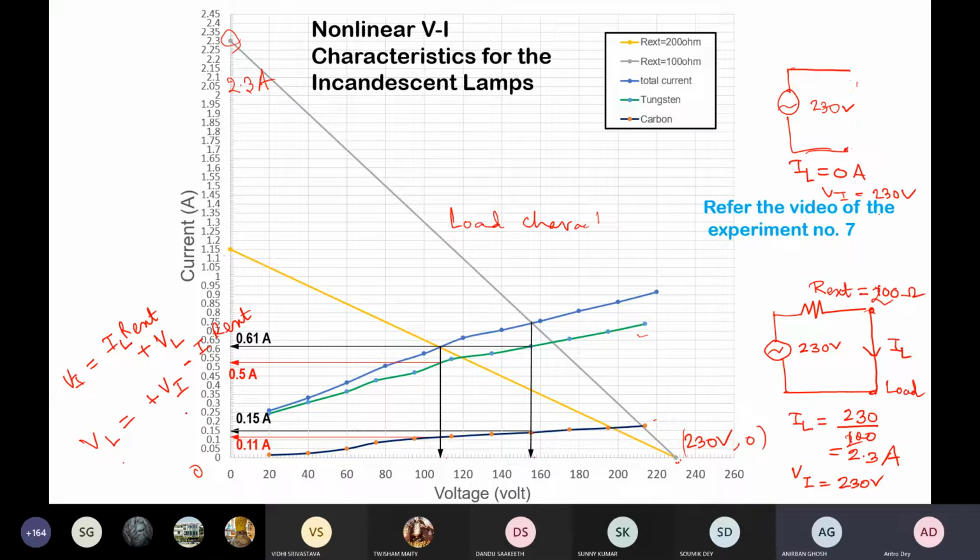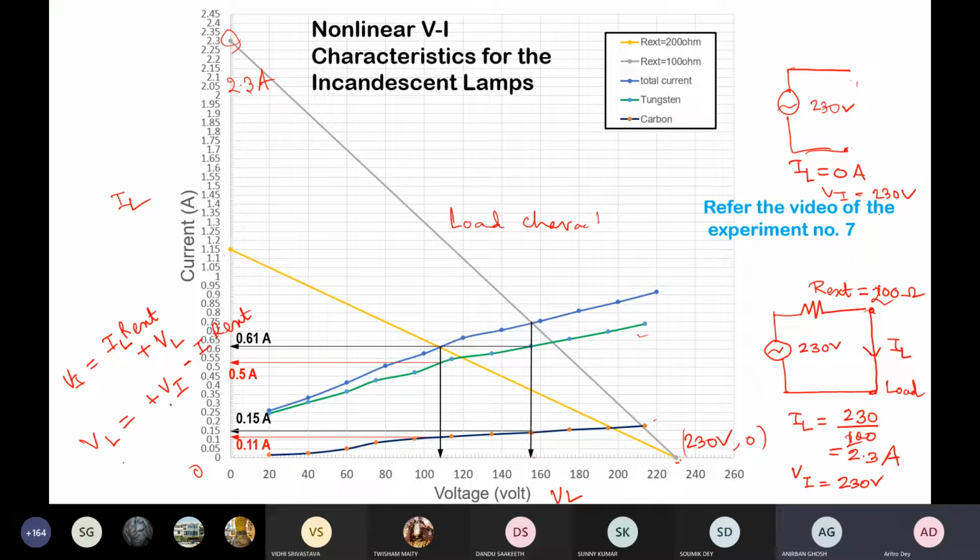When we express it, we just want to plot VL versus IL. So it is VL here, and this is your IL. Now if you check the equation, there is one intercept and a negative slope, right? So this is how we get our VI load characteristics, which has a negative slope.